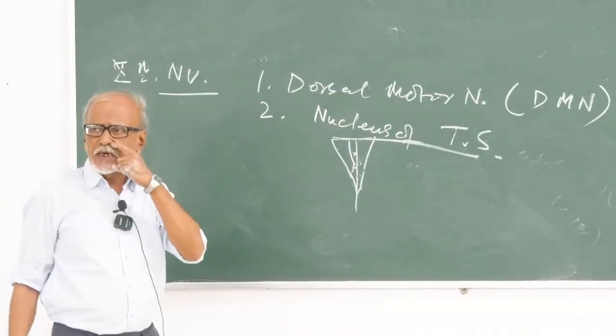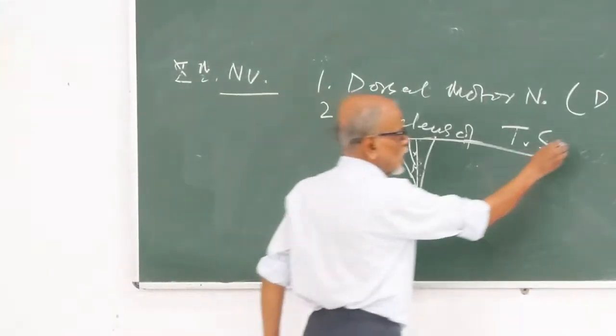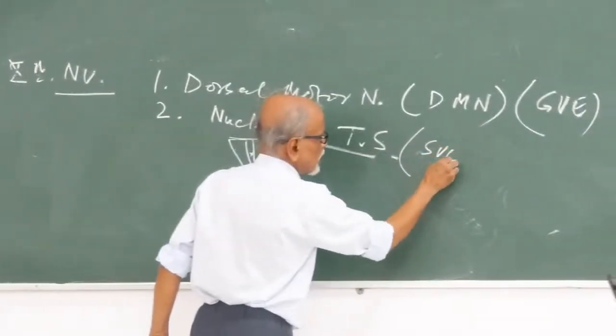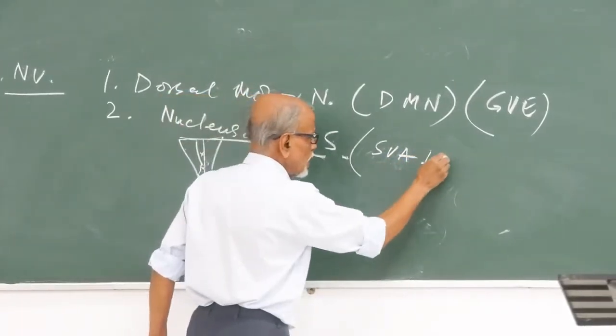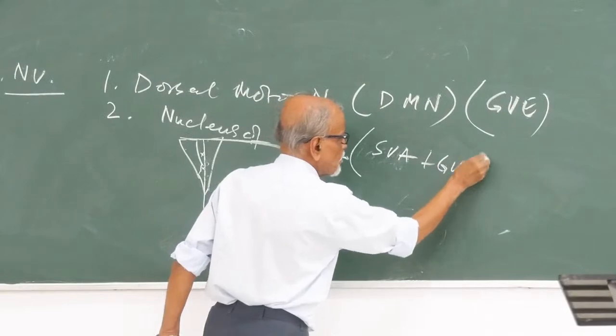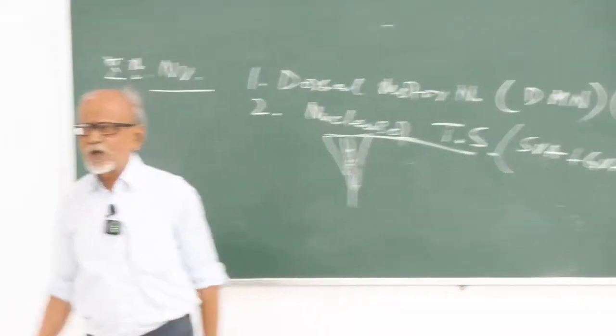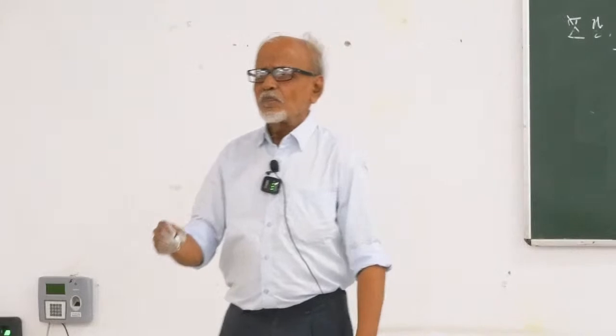In this nucleus of tractus solitarius, you will find both special visceral afferent serving taste and general visceral afferent fibers, parasympathetic sensory fibers from the organs innervated by the vagus. ঠিক আছে? তাহলে নিউক্লিয়াস অফ ট্র্যাক্টাস সলিটারিয়াস সার্ভিং the sensory fibers of vagus, both special visceral sense of taste and the general visceral sense. ঠিক আছে?